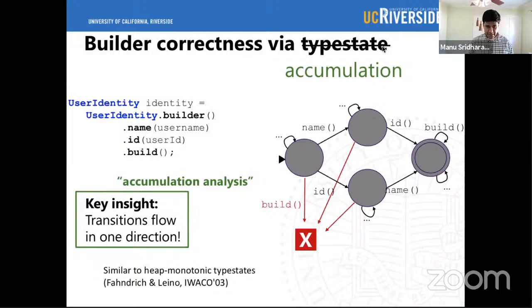And it turns out that if you're doing an accumulation analysis to check this kind of type state property, you can do something much simpler than what you have to do for checking arbitrary type state systems. And these accumulation analyses are similar to some previous ideas in the literature, in particular work on heap monotonic typestates from Fähndrich and Leino.